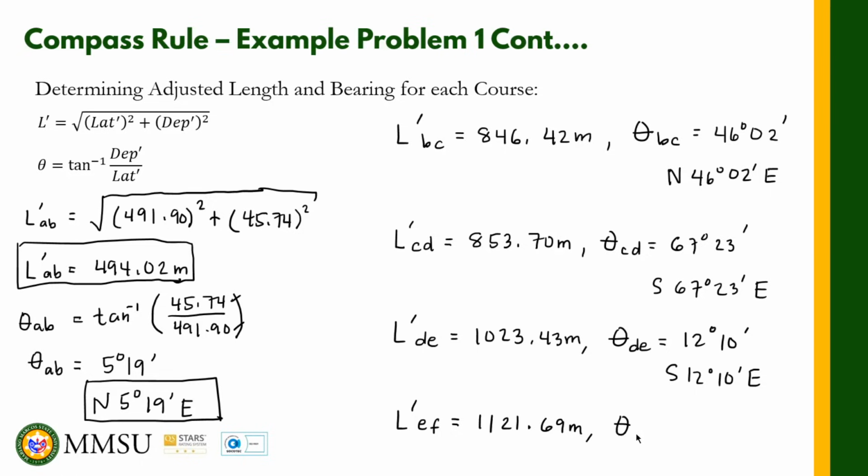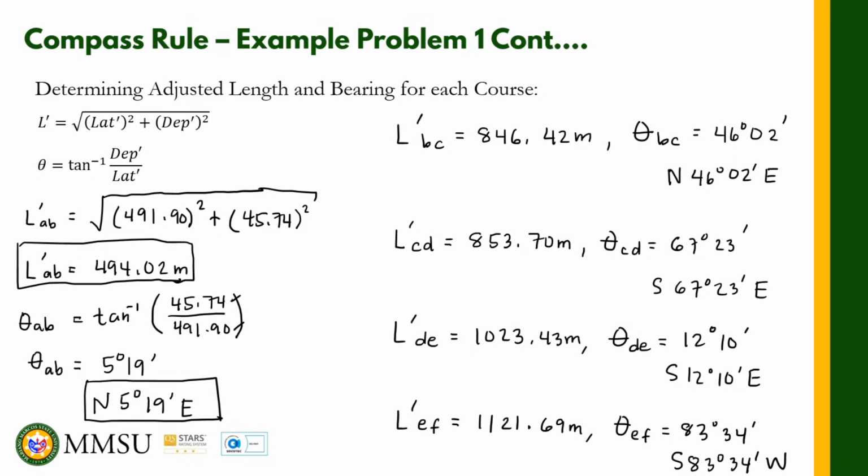And for the theta of EF, okay, we have 83 degrees 34 minutes. Okay, yung EF natin negative parehas, negative yung departure at saka yung latitude, ibig sabihin southwest ito. So south, 83 degrees 34 minutes west.